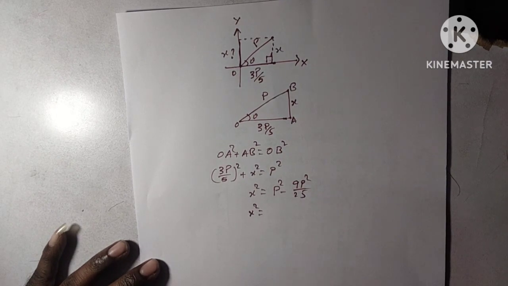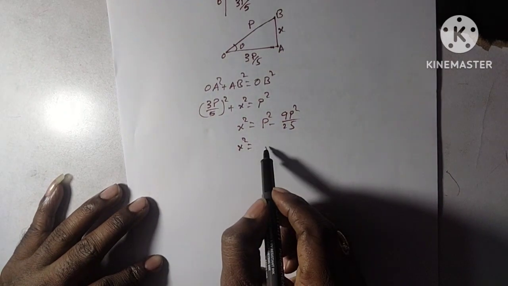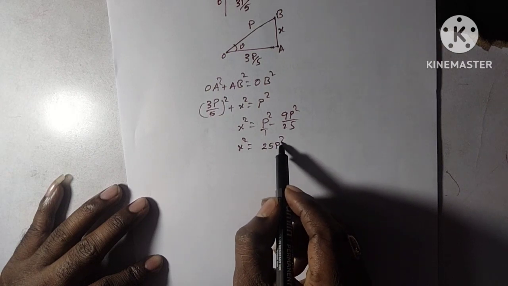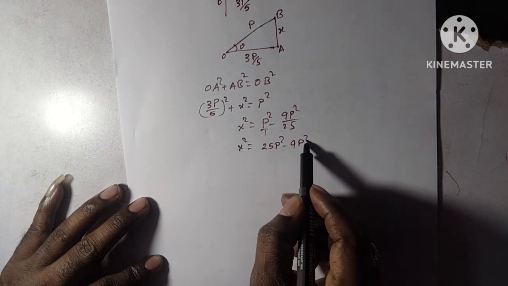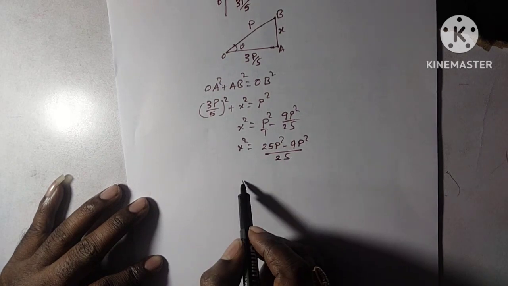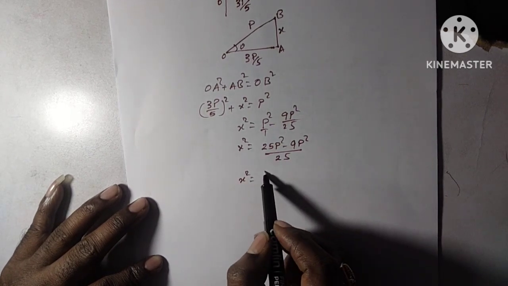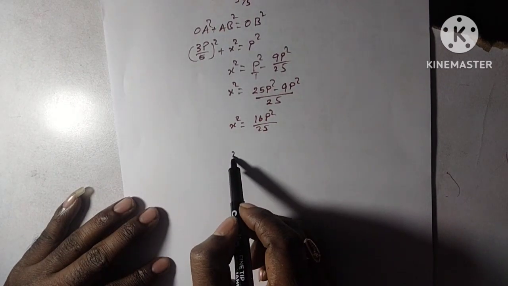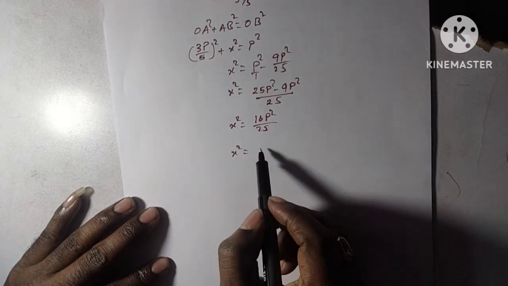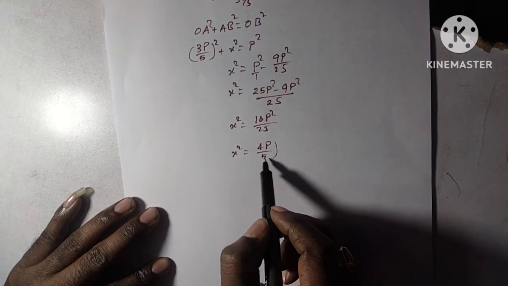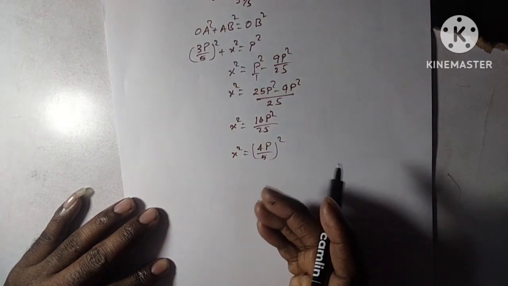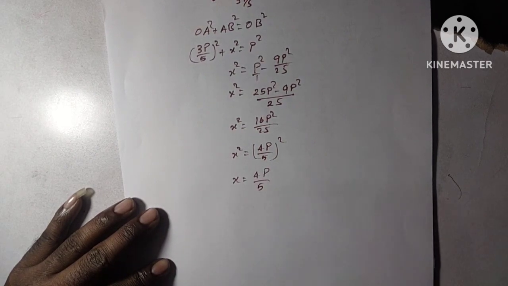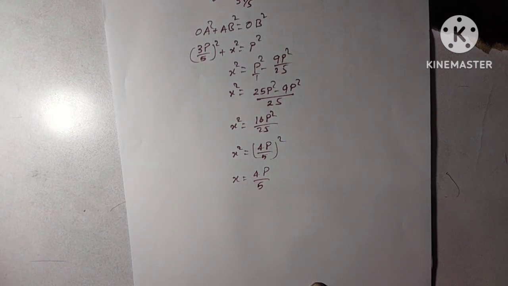So x square is equal to, taking LCM, 25P square minus 9P square by 25, so x square is equal to 16P square by 25. x square is equal to (4P by 5) whole square, and removing the squares on both sides, we get 4P by 5. So this is the solution for the given problem.